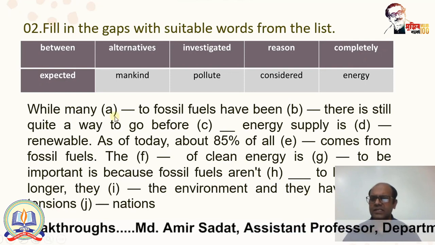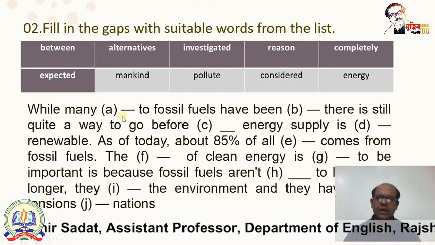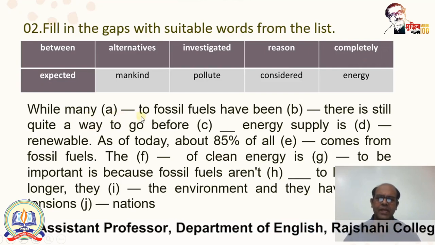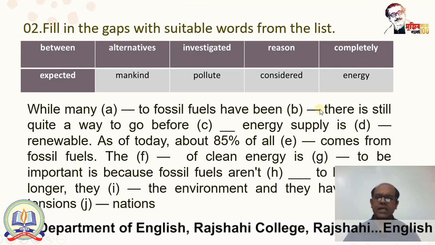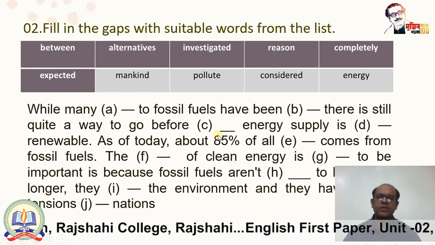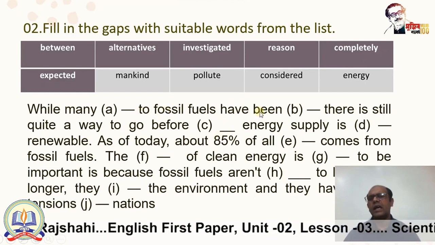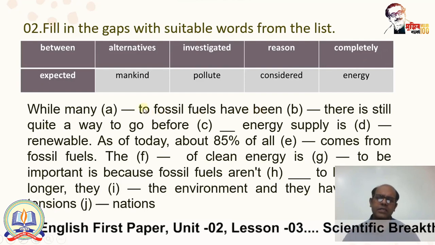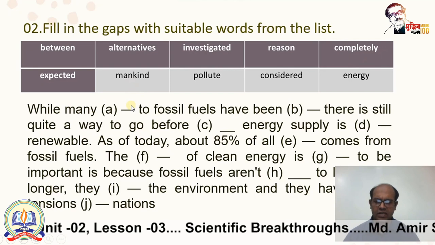So now let's start. While many gap A to fossil fuels have been gap B, there is still quite a way to go before gap C. So first of all, you have to read the line, and then you have to try to find the correct answer, and then write it down in your khatas.